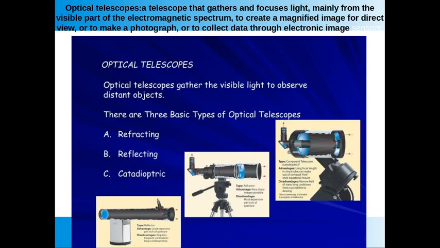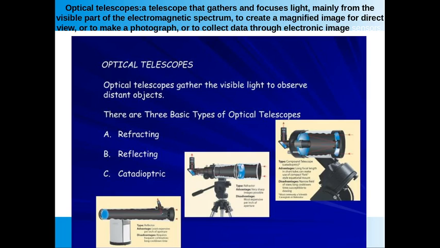Even optical telescopes can be considered to be of three types: refracting, reflecting, and catadioptric, depending upon the nature of the objective used there. We can move on to these telescopes further.